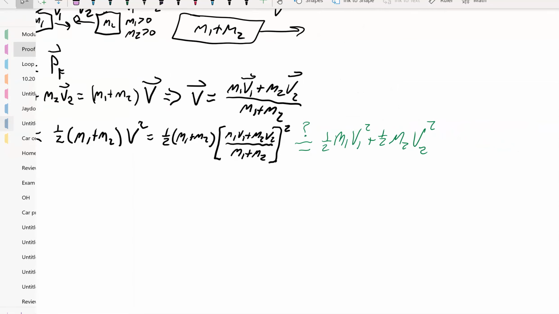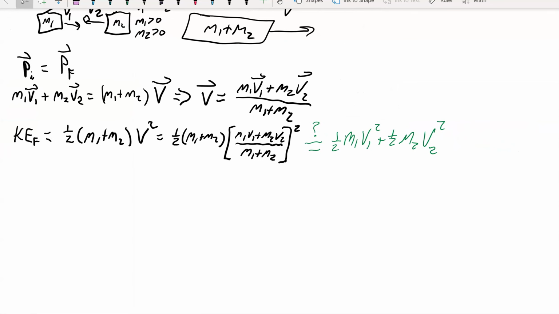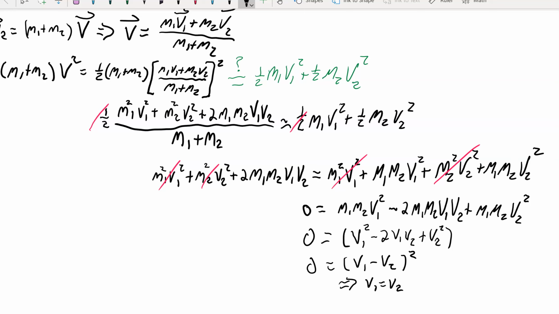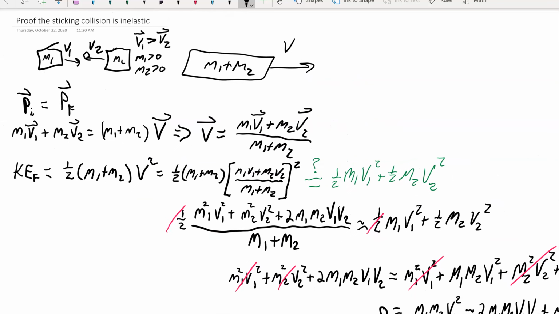Feel free to fast forward or watch in triple speed or whatever you want to do, because this is just going to be... actually, you know what? Okay, boom, a little movie magic for you. You can spend as much or as little time looking at this as you like. The point is that if it were true that energy is conserved, you'd have to get the case that V1 equals V2. And remember, signs are important.